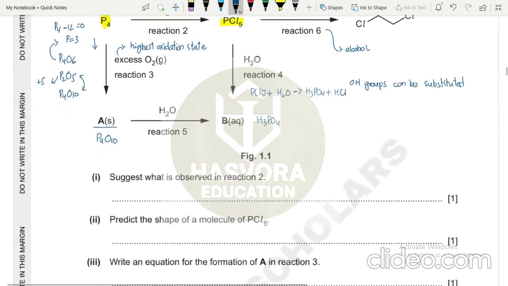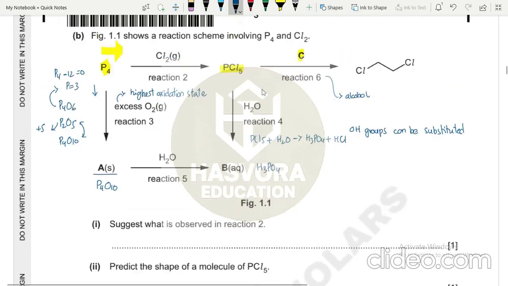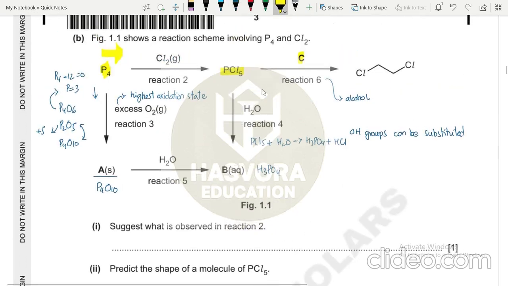So part 1 says suggest what is observed in reaction 2. This one is reaction 2, in which it is reacting with the chlorine. What we know is that chlorine is green-yellow in color, so it can disappear. The other thing that I actually believe should be true is that PCl5 is also green-yellow in color, and it is a solid, so it can also be formed and observed.